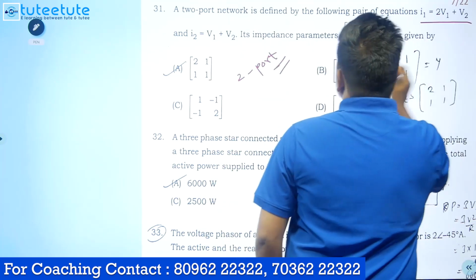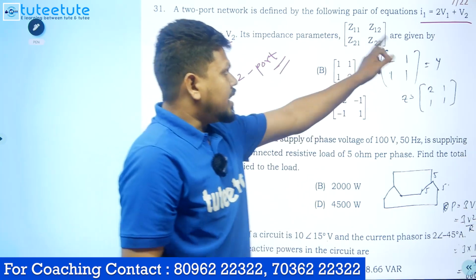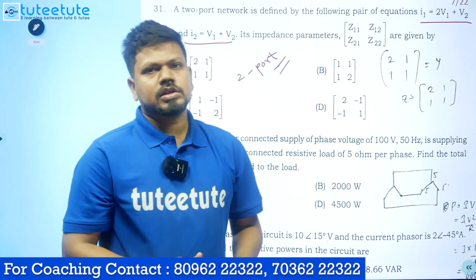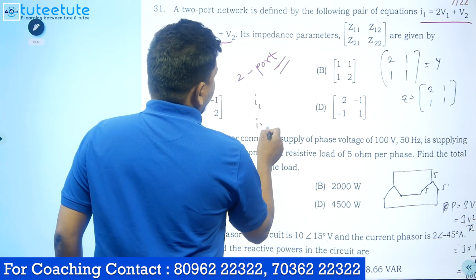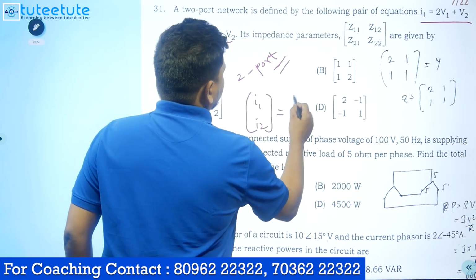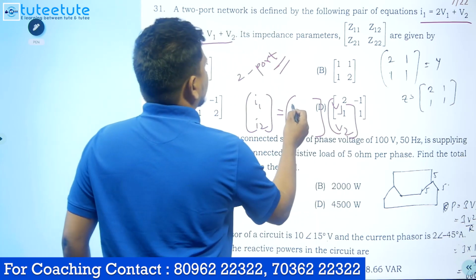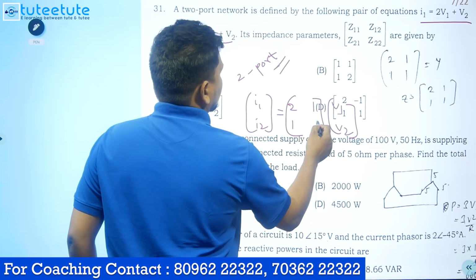Whatever equations they have given, immediately we need to observe what those equations are. Current I1 and current I2 are given in terms of voltages. So the equations are like this: I1, I2 equal to a matrix times V1 and V2, with the matrix being 2 1 and 1 1.